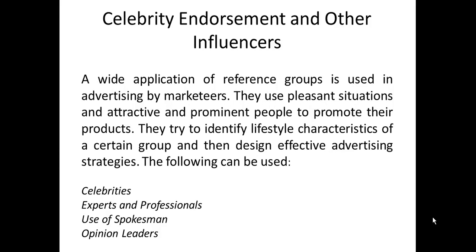We now move on to information search and decision making. How do consumers from their side make decisions? The following have been identified, or this sequence has been identified. First, the consumer recognizes that they have a problem. There is a need. They need to fulfill a certain need.